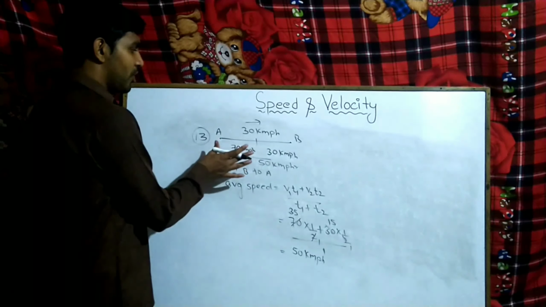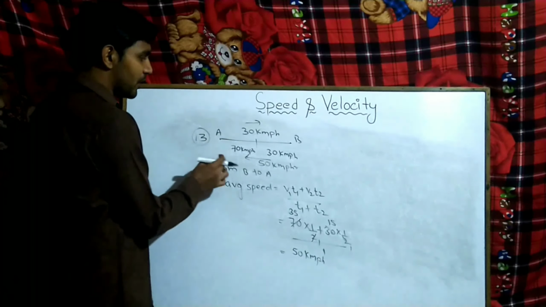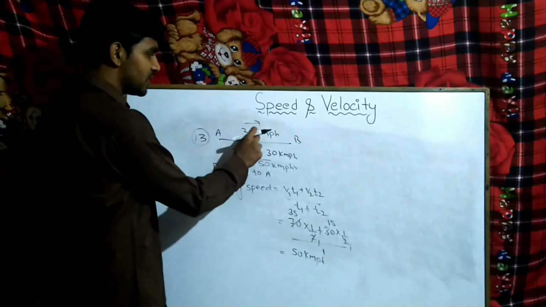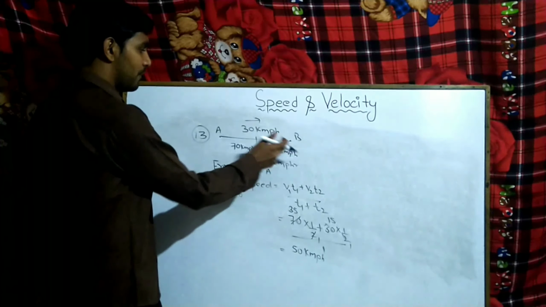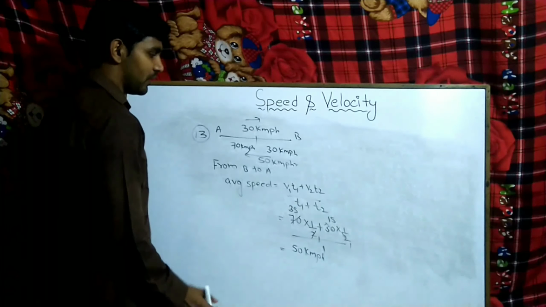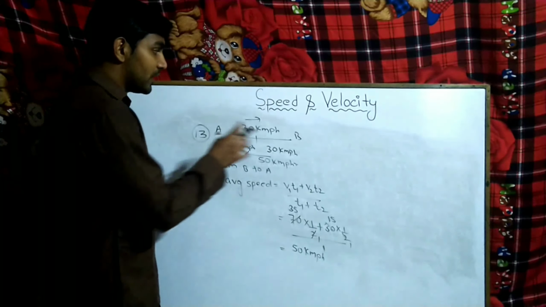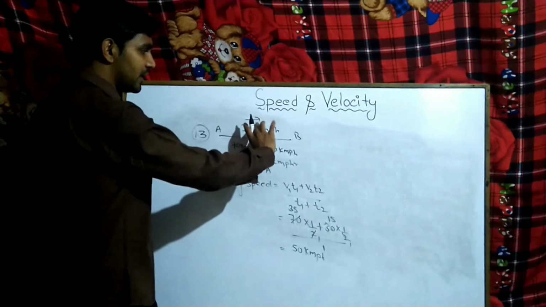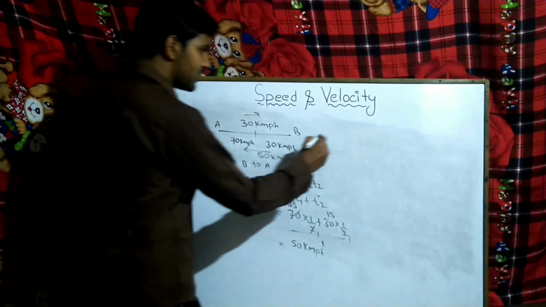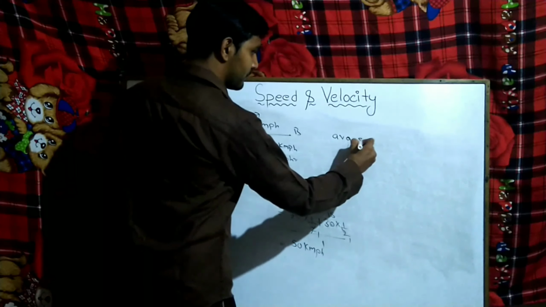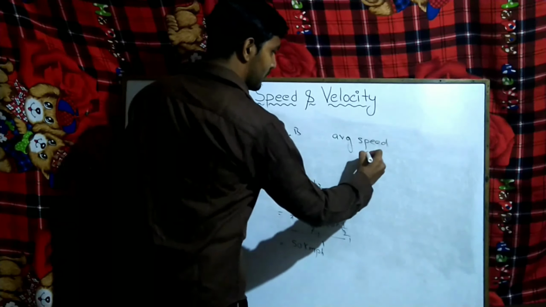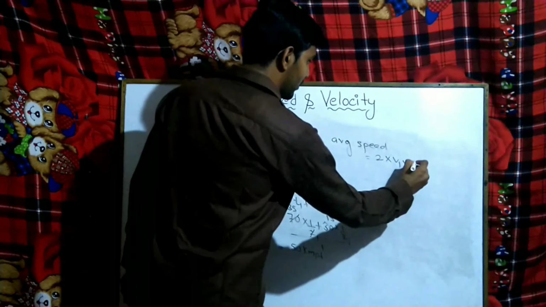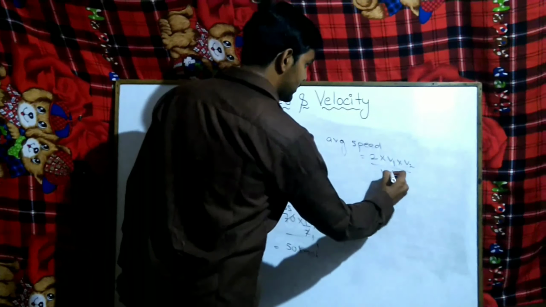Now we have to find average speed again, because the body came to the same point A. So now from A to B how much is given? 30 km per hour. From B to A how much is given? 50 km per hour. But you have to use equal distance, because distances are equal, not time. Here time is equal, but here distances are equal. So now average speed is equal to, if distances are equal, 2 into V1 into V2 by V1 plus V2.